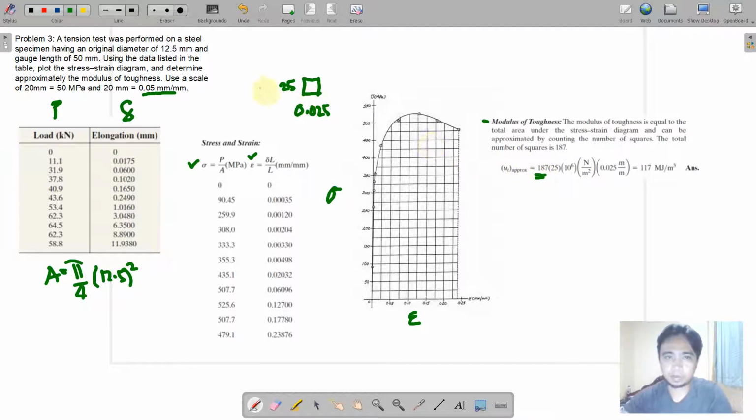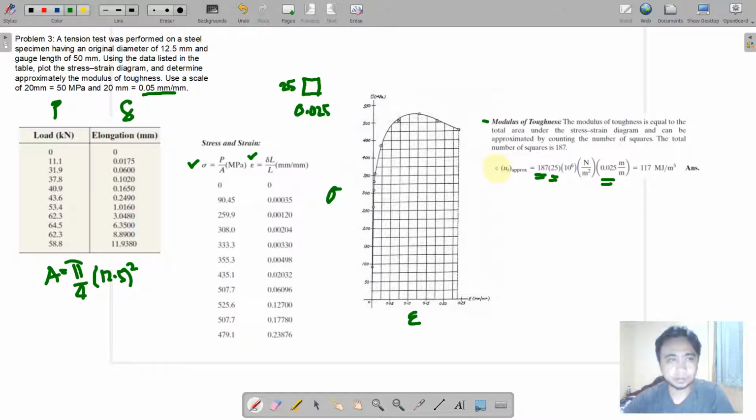We will just multiply that by the dimension of a single rectangle, that is 25, and 0.025 for the base dimension.